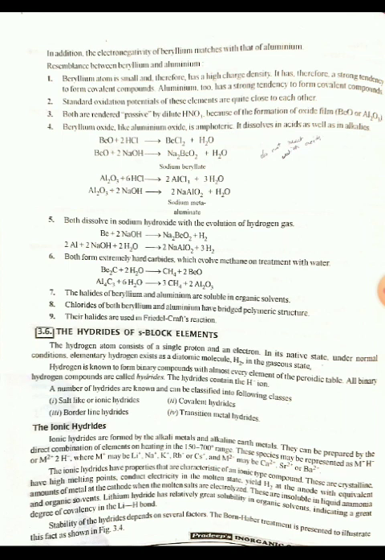The ionic hydrides have properties that are characteristic of an ionic type compound. These are crystalline, have high melting points, conduct electricity in the molten state, yield H2 at the anode with equivalent amounts of metal at the cathode when the molten salts are electrolyzed. These are insoluble in liquid ammonia and organic solvents.